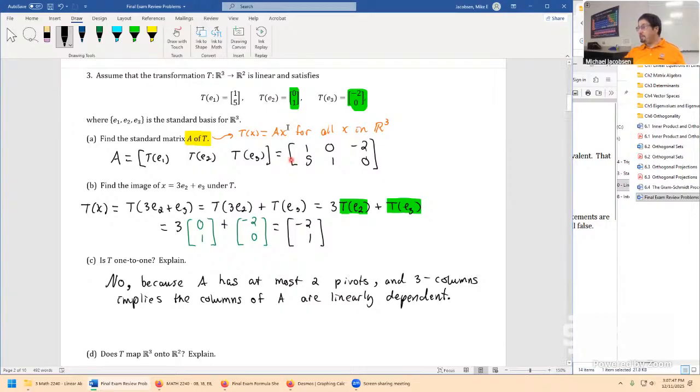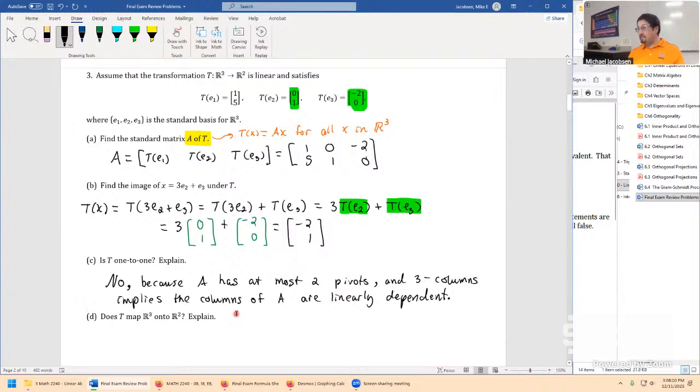So it turns out independence and dependence, if your transformation is linear, is tied together with 1-to-1 or not 1-to-1. If these were linearly independent columns, we would have said yes, the mapping T defined in this way is 1-to-1, but it's dependent, so we said not 1-to-1 on this one.